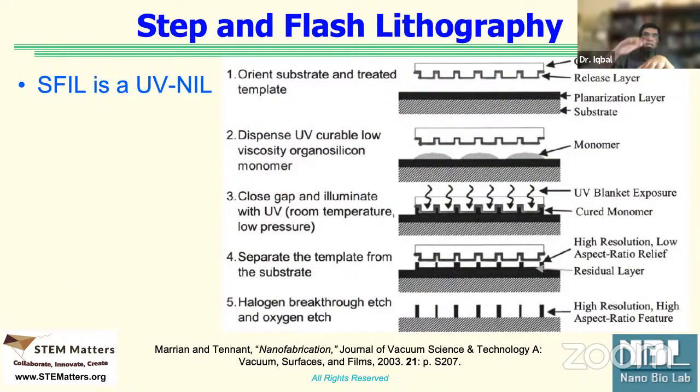Because in this case, you bring it down, so you don't necessarily have to push hard because the monomer is in liquid state. So this can be done on non-flat substrates as well, which would give us much more flexibility in making things on curved surfaces, or what we call nowadays flexible electronics or flexible substrates. So there's a huge range of uses.